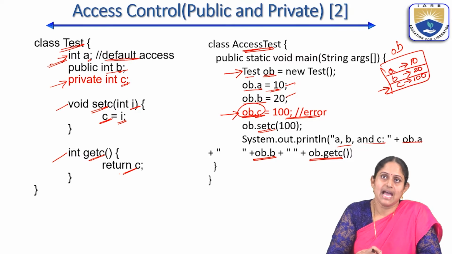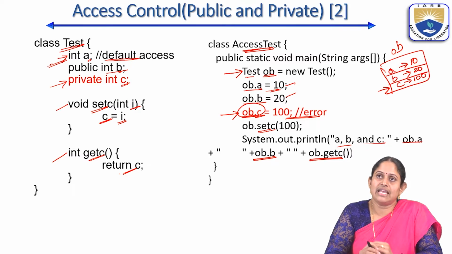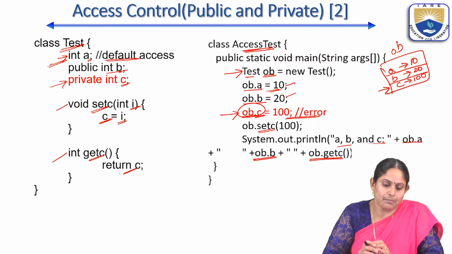So whenever we want to provide protection of data, we have to use access control. If any data is defined as public, then that member can be accessed anywhere outside that class. And if we declare that member as private, then it can be accessed only by the members of that particular class.